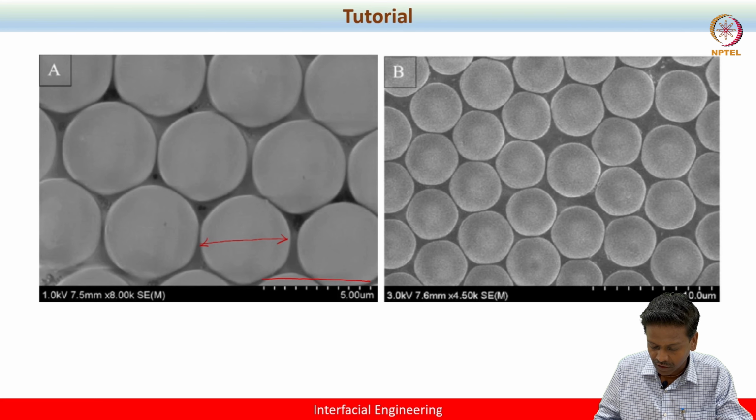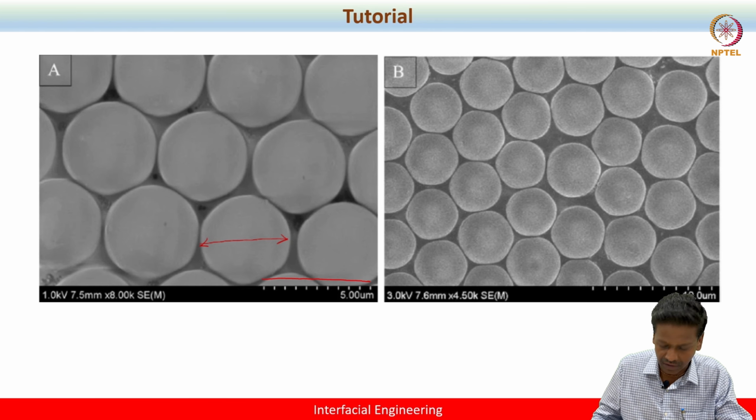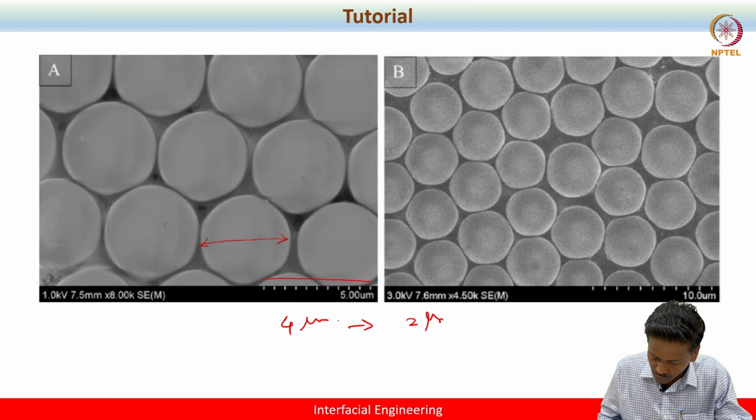And take the average of that. If one does it for a large number of particles and gets the average, we can even report it along with the error. Let's say in this case the average size of the silica particle is 4 micron in diameter, so the radius will be 2 micron.